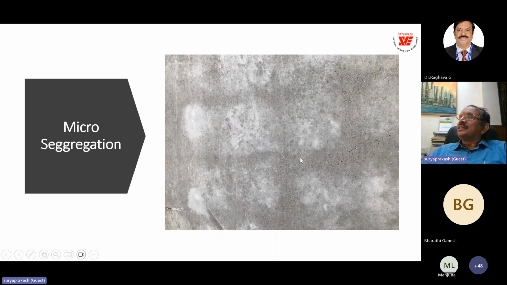And segregation, micro segregation I call it, because when you have excess water, we learned in our concrete technology that due to excess water cement ratio, there will be segregation in the concrete. So when I went to a site, I found this when they were curing, I found the reinforcement pattern in the dampness. I asked my engineer, he said it is a common thing happening in every wall panel. Then I said it's uncommon.